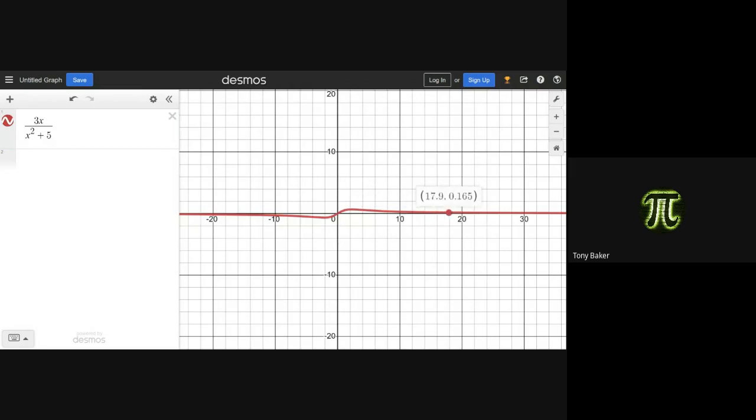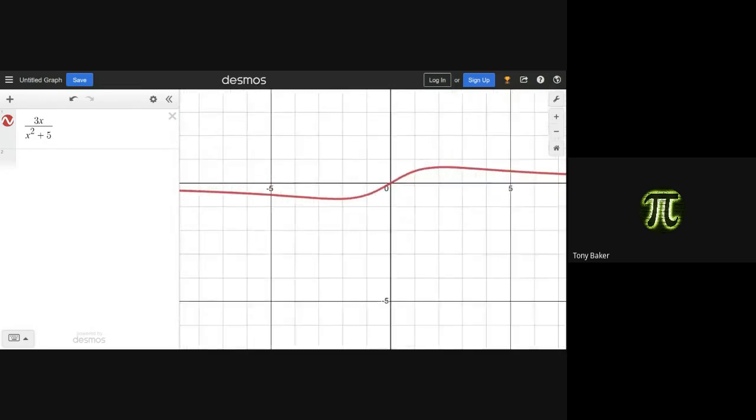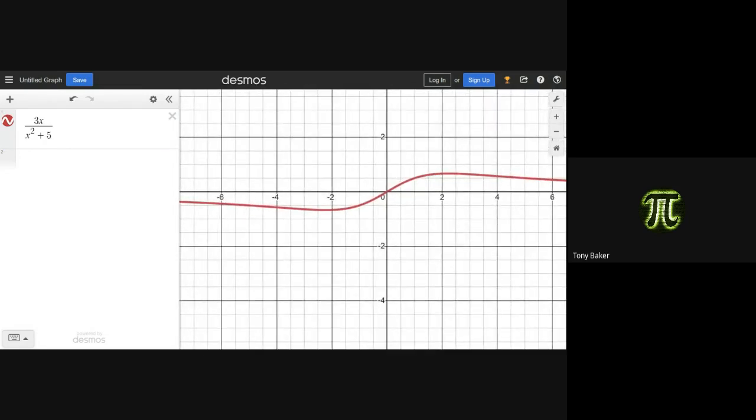Now, one thing that some people say and believe, which I want to dispel, is that the value can never equal that. That's not true, because it equals 0 right there. So your function can cross the horizontal asymptote. That is possible. What the horizontal asymptote is looking at is what's going on as x is going to infinity, or as x is going to negative infinity, which is where the limits come into play.